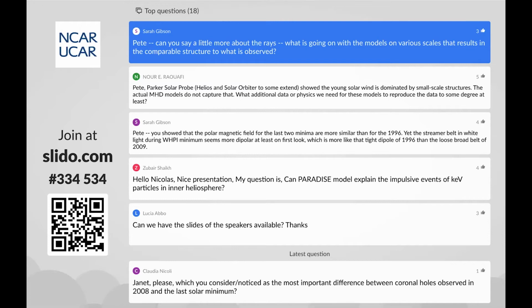Isn't it also a line of sight integration effect, that as you get closer, you're actually sampling a much shorter interval along your line of sight? Well, there we go. I'm going to step right into it here. WHPI has exactly half the line of sight integration problem as a regular coronagraph. So it's not a huge boost to the signal to noise in itself. It's really a proximity effect, right? Because it still has to integrate through half the corona.